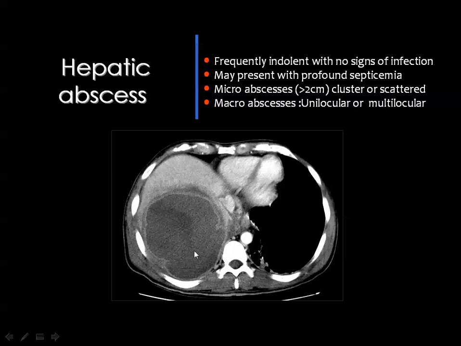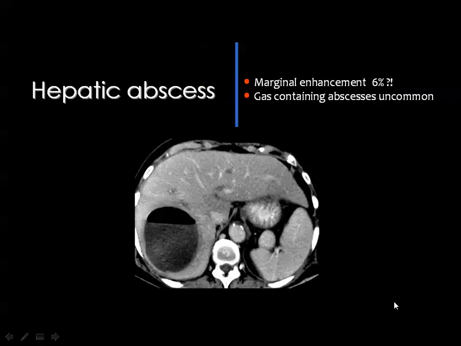And being an inflammation, there may be a halo of hypodensity representing edema of the surrounding liver parenchyma. Sometimes you can also see air loculi inside the abscess.